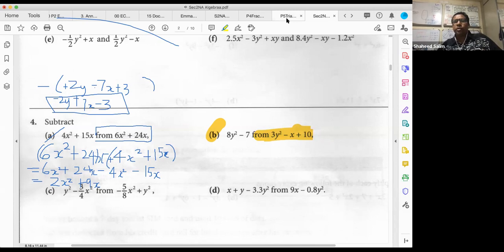Okay, Shafi, what's your answer? You finish reading. Can you type your answer and see? Let's see.